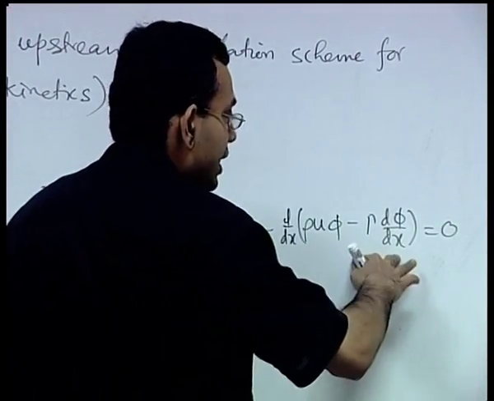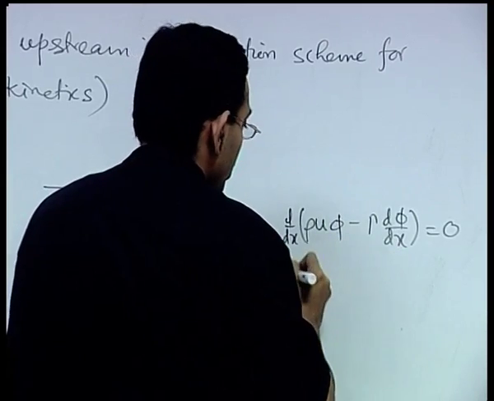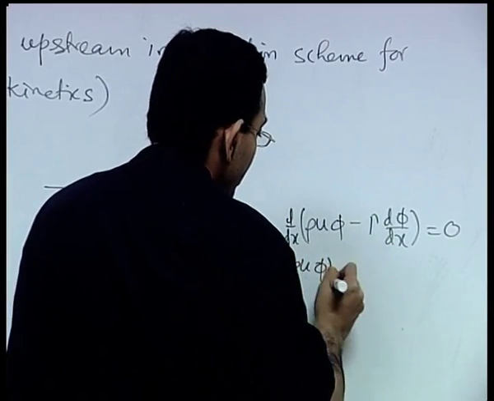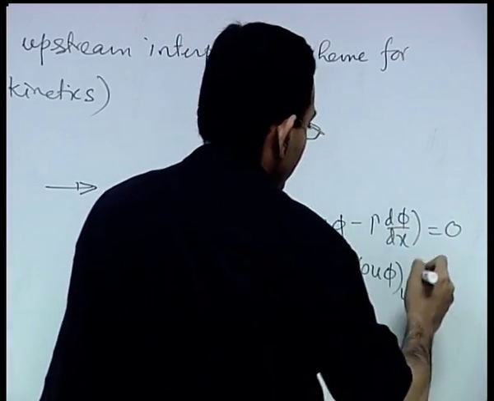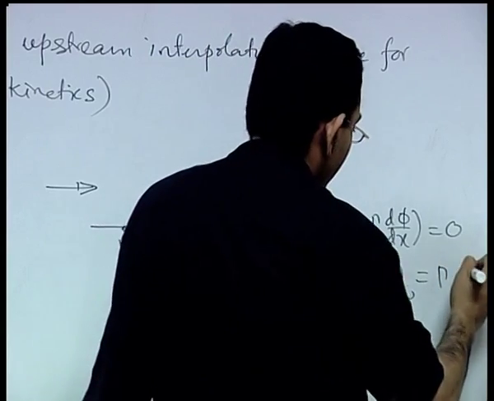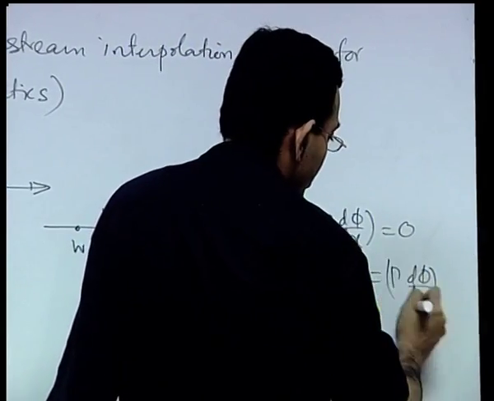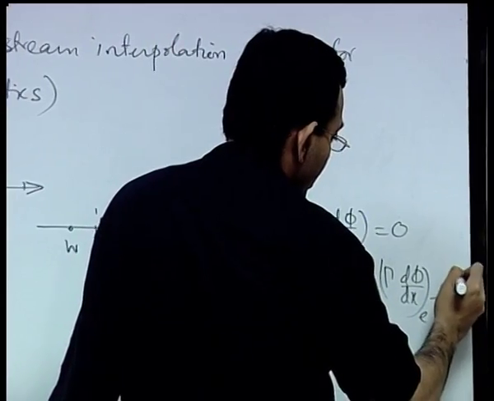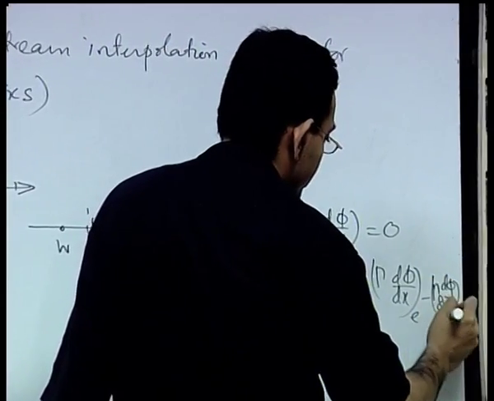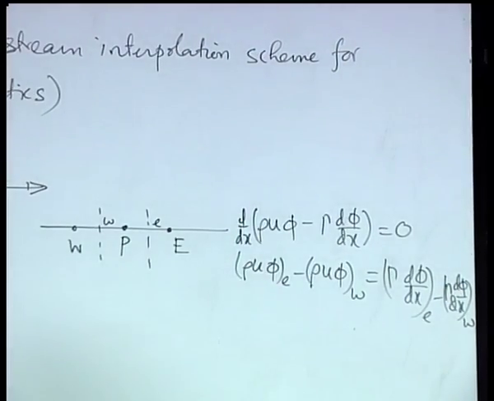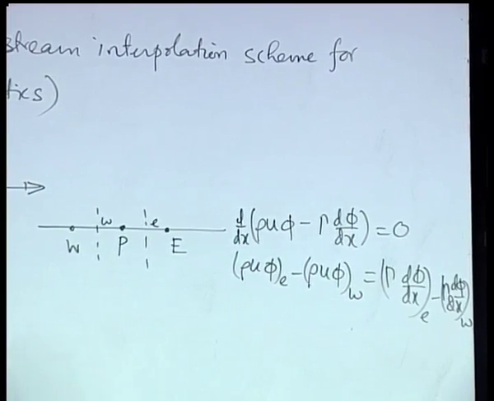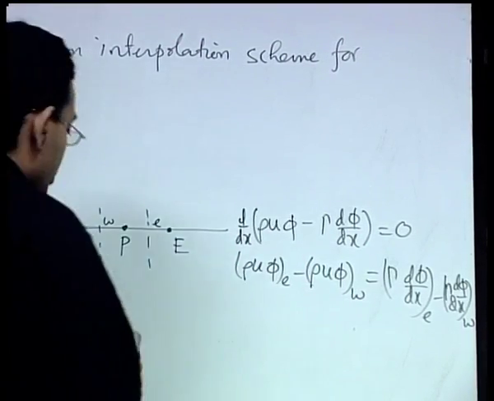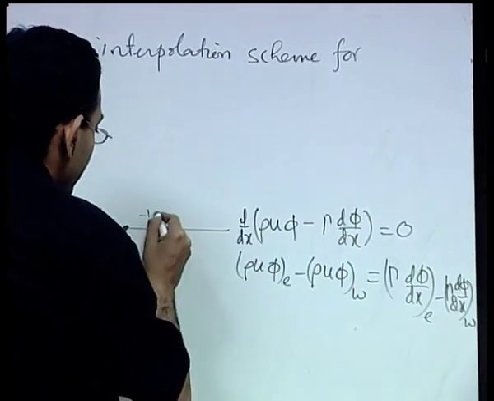So if you integrate it with respect to x, rho u phi at E minus rho u phi at W is equal to gamma d phi dx at E minus gamma d phi dx at W. So you require phi at small e.